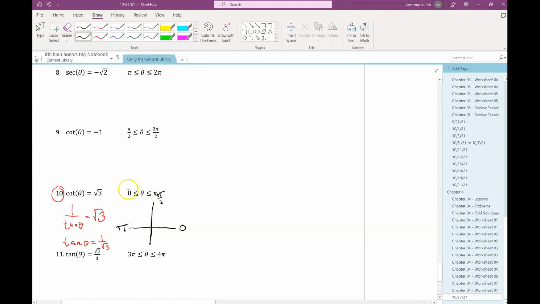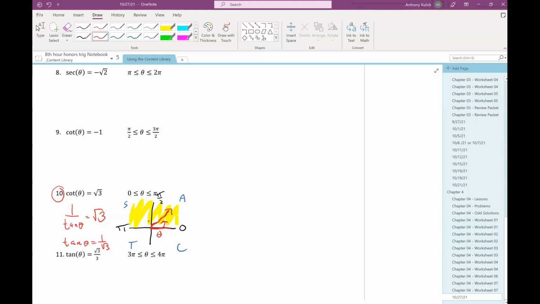If I draw my picture, from 0 to 2 pi is quadrants 1 and 2. If I remember, all silly turtles crawl, I know then that my theta is there in quadrant 1.